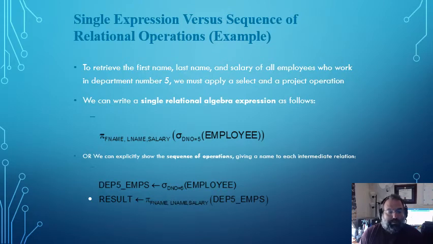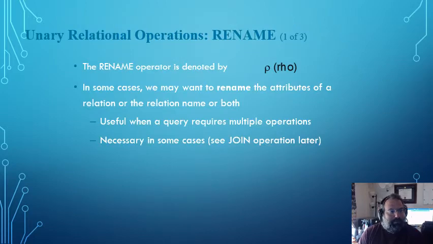Or we can explicitly show the sequence of operations by giving a name to each intermediate relation. So dep5 emps takes on the value from the selection where DNO is equal to 5. And then we select only those columns that we're interested in, first name, last name, and salary from dep5 emps, producing a result set.